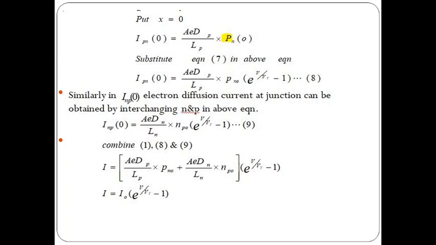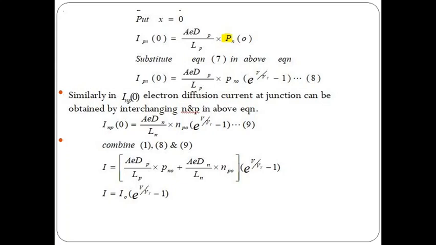This is equation 8. This current is the hole diffusion current at x equals 0, or at the junction point. Ipn of 0 indicates the current due to the holes in the n region at x equals 0, or at the junction.